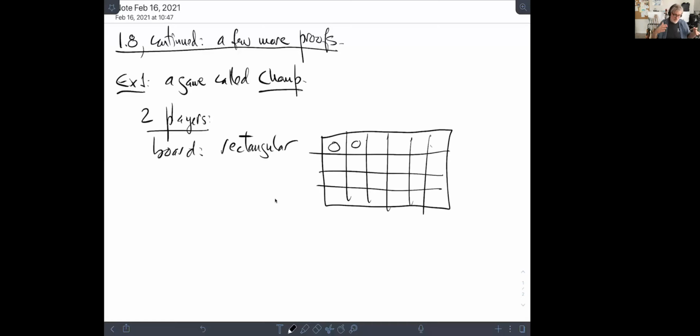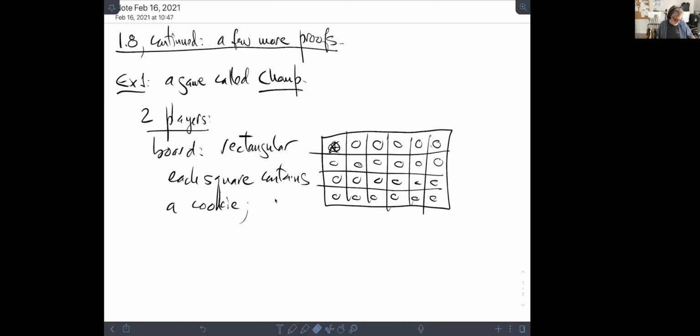It's like a chessboard. It's divided into squares, and the squares contain cookies like this. And there is one bad cookie here full of poison. So each square contains a cookie.